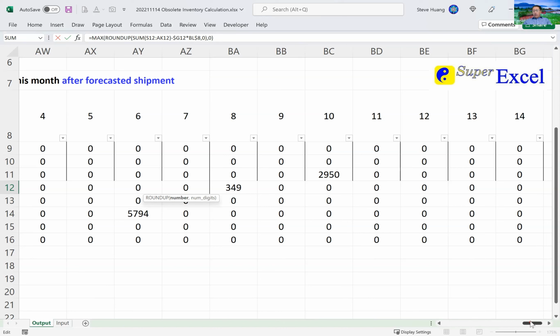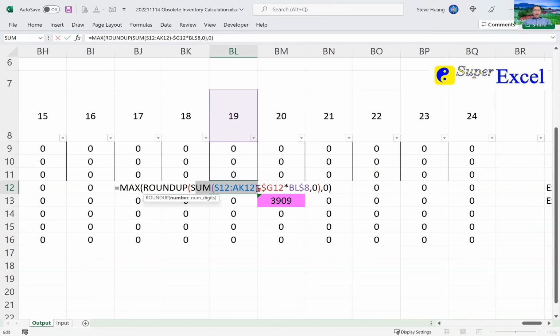So in our formula over here, after we sum up all those available inventory, we subtract the amount to be short dated. So I will add another sum function over here to subtract. Now we are in month 19, and we sum all the short dated amounts in the previous months, from month 18 all the way to month 1.